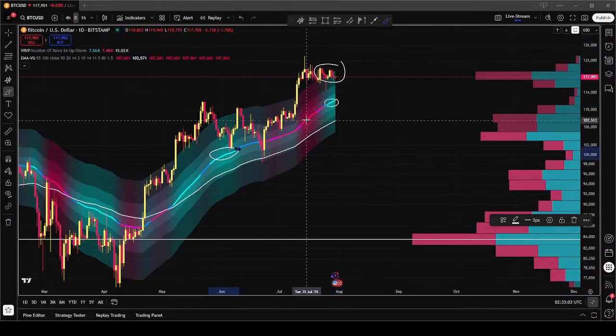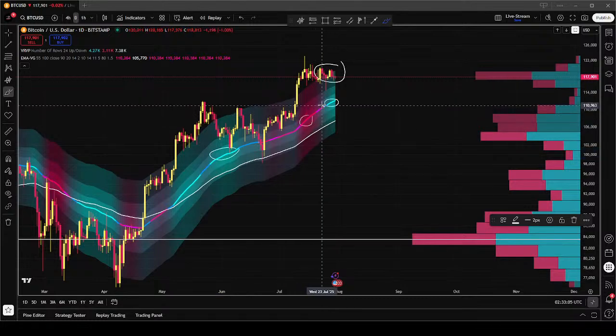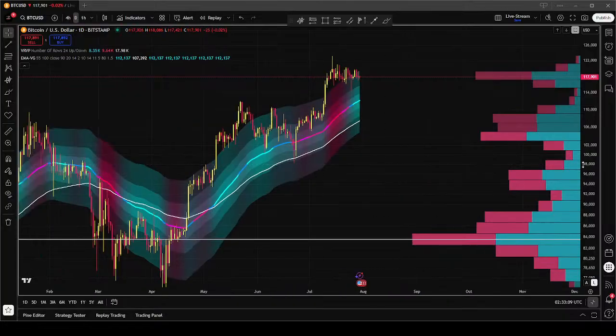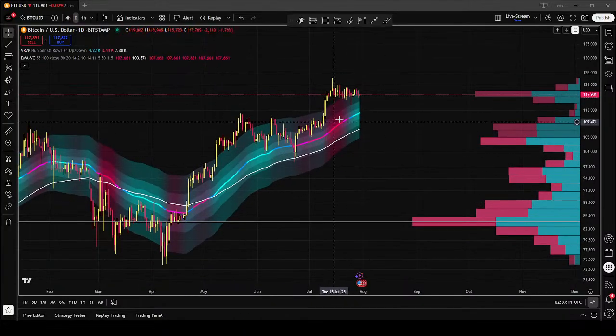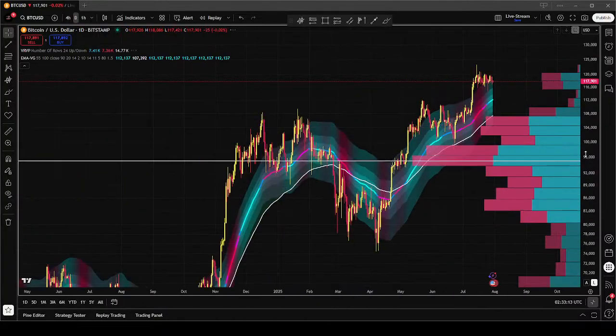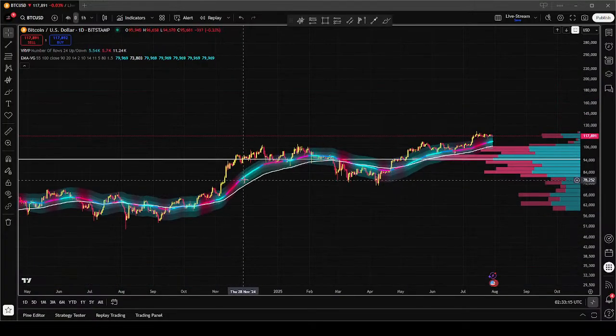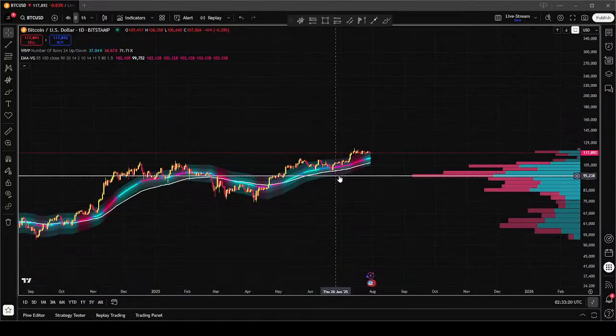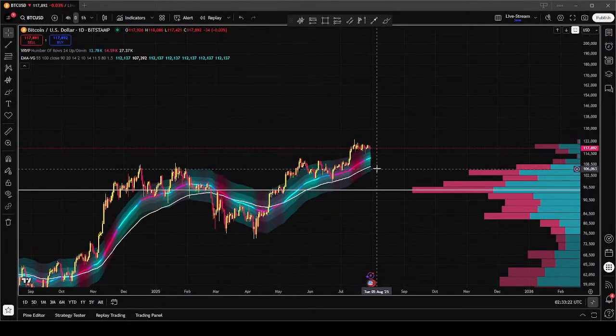When it's red, it's expanding, and pink is extreme. Also I added this effect here to see, in the big picture, when the volatility is contracting. And also I added as an optional the ME100 as an optional secondary support. You want to do that, but it's up to you.